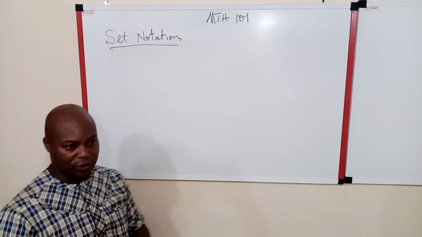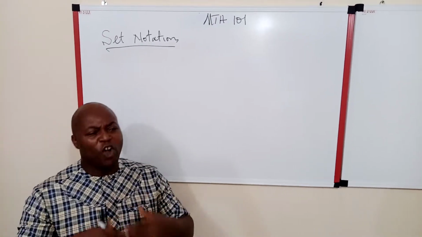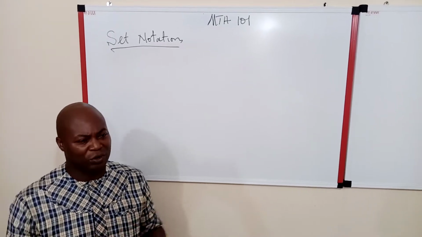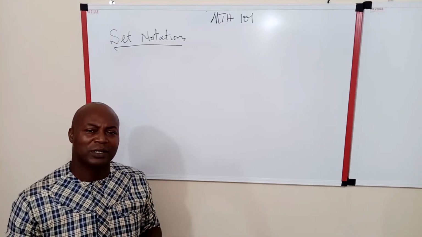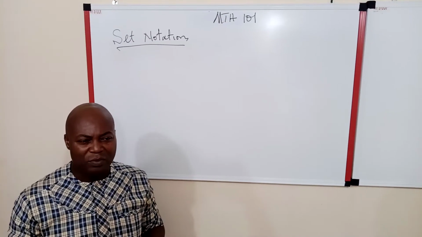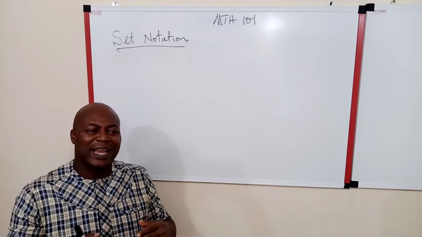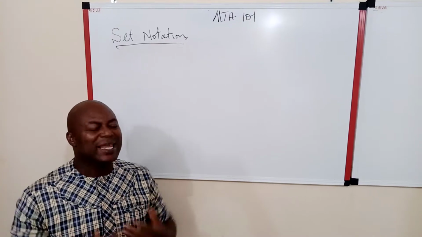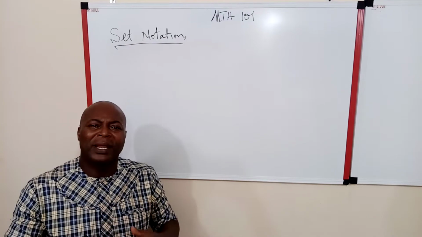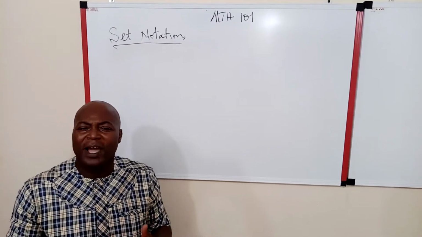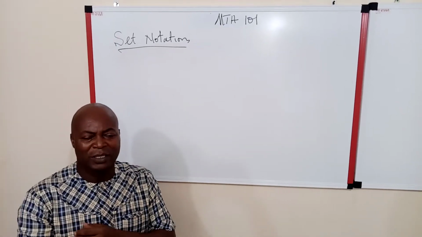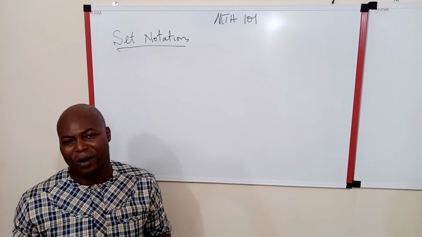Now, set notation. It is a common practice in our society that communication can also be done through symbols, signs, alphabets, codes, etc., as a way of representing an item. This enables the item to be properly identified by name, position, or size, as the case may be, for distinction among others.